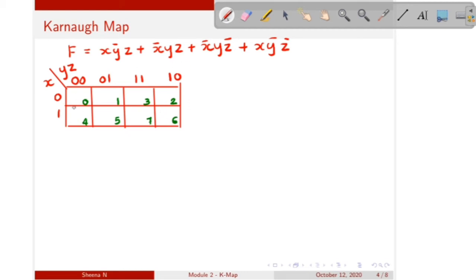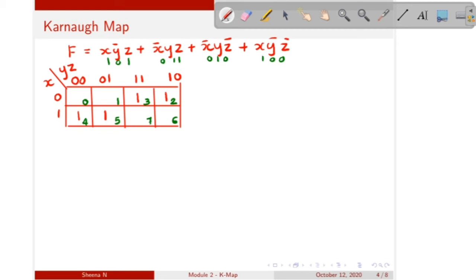Okay, so it is easy for you to mark the min terms, 1 in the min term column. So this expression here 1 0 1, here it is 0 1 1, 0 1 0, 1 0 0. Okay, so mark 1 in the min terms column squares. That means 1 0 1 is 5, then 0 1 1 is 3, 0 1 0 is 2, 1 0 0 is 4.